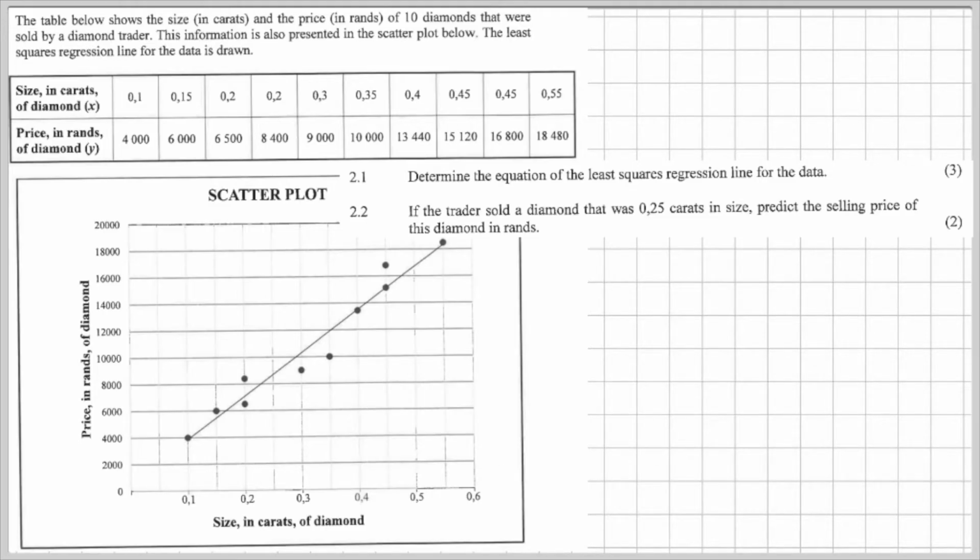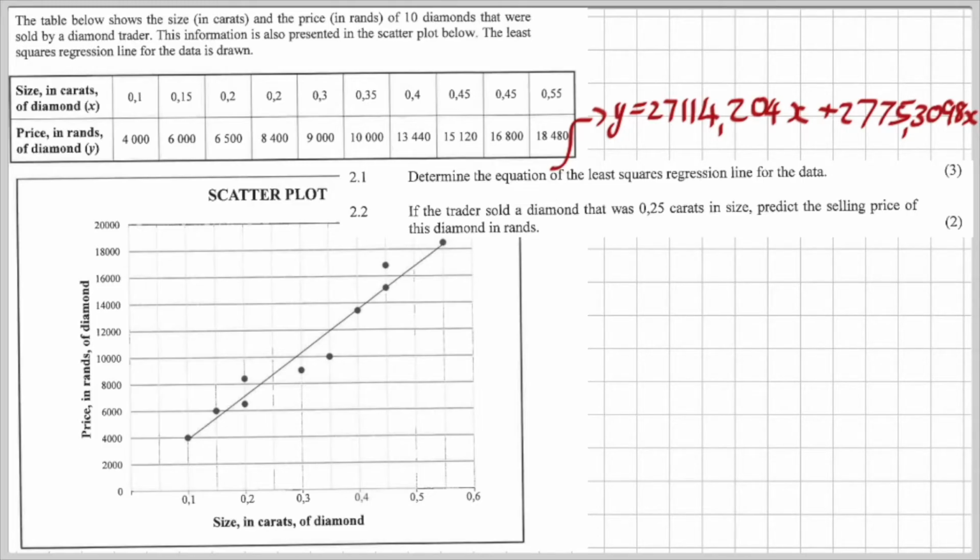If I first look at question 2.1 and 2.2, for 2.1 it says determine the equation of the line of best fit. So I'm going to go to my calculator, enter the X and the Y values in the statistics mode, and read off that Y is 27,114.204X plus 2775.3098.